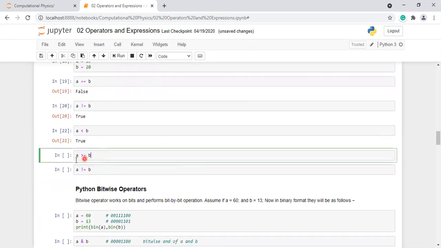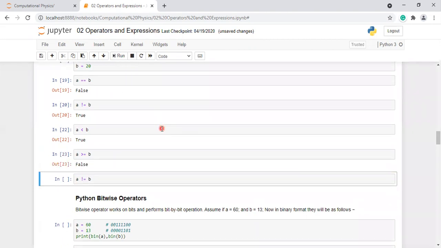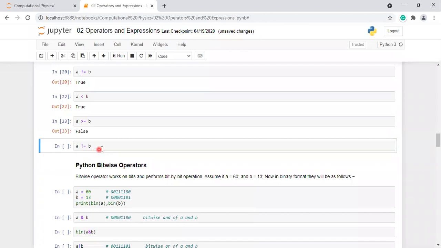So is A greater than or equal to B? A is 10, B is 20. When I run this, it should be false. Then less than or equal to. Is A less than or equal to B?